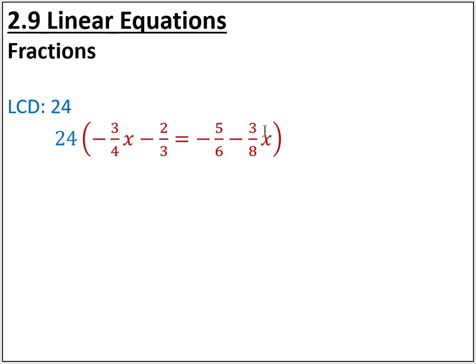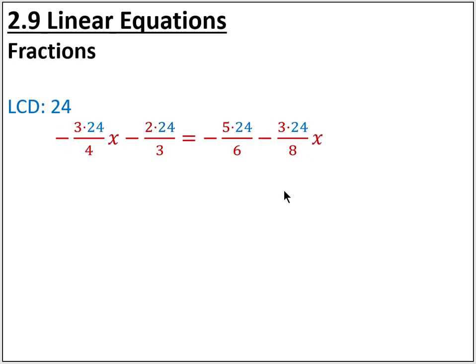Referring back to multiplying fractions, if you multiply by a whole number, in this case 24, you're simply going to multiply the numerators of each fraction.